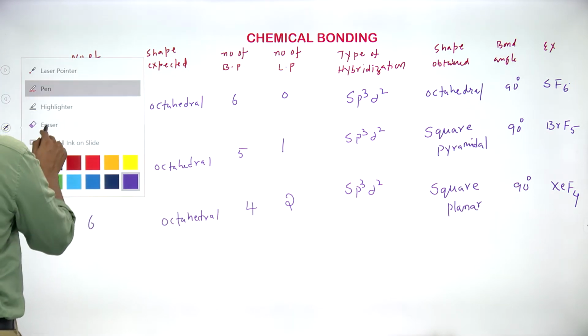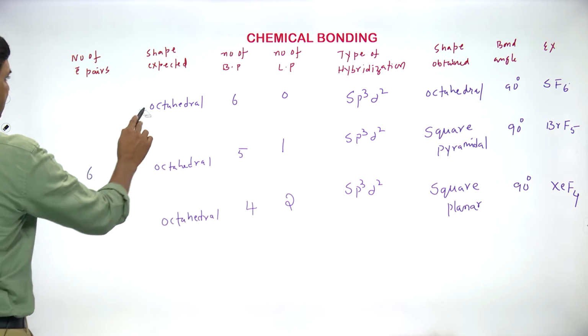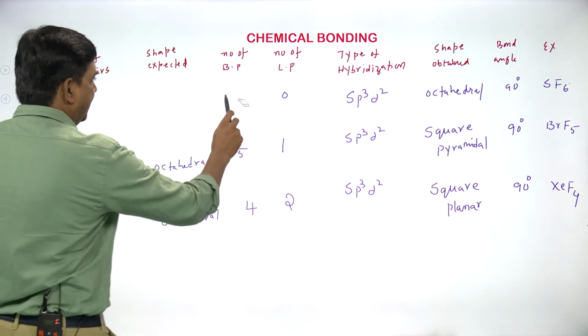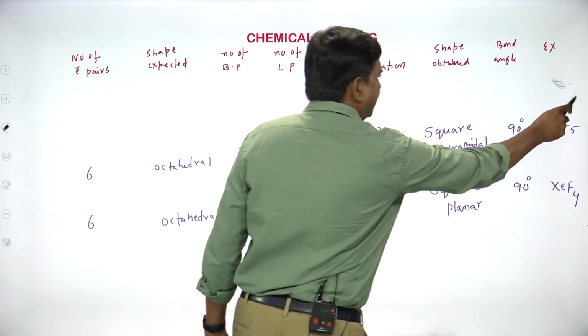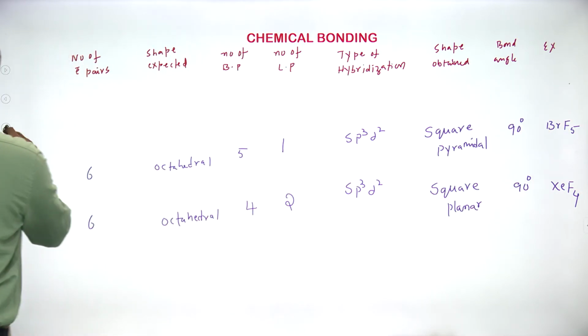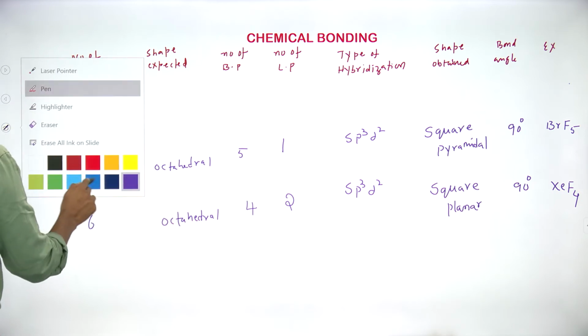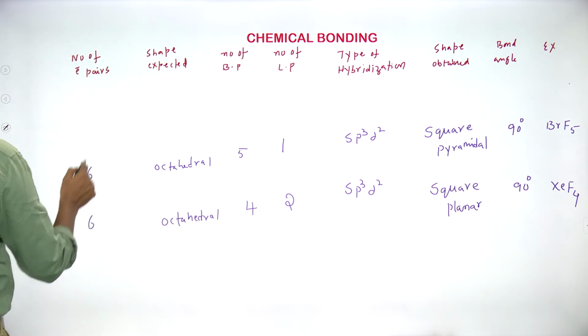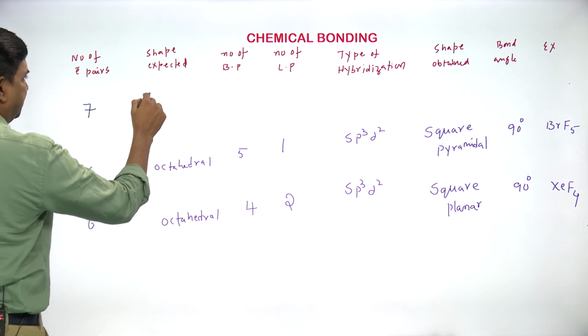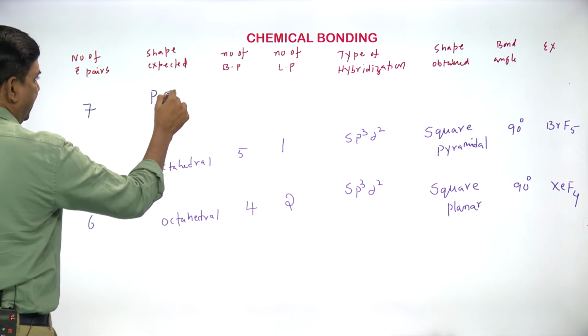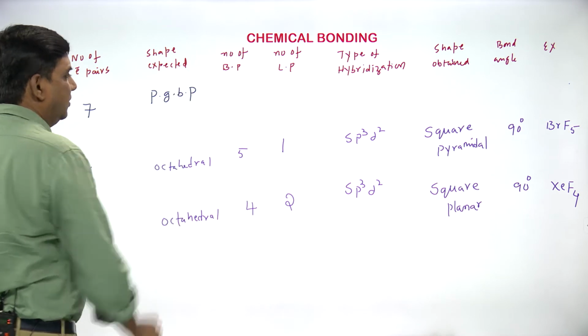Students, now I am rubbing this one. Right, now write: the number of electron pairs is 7, the shape expected is pentagonal bipyramid. Pentagonal bipyramid.